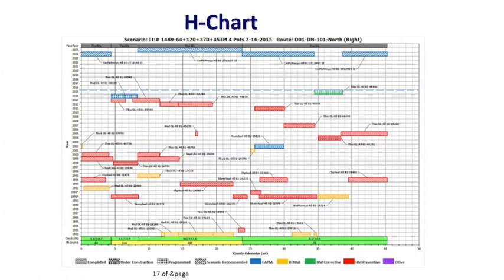So the H chart is basically a data visualization type of thing, and every DOT can follow. You just plot out your projects like this, and you also plot out your performance. Here is the type of pavement, and here the number of years, so that for any piece of pavement you will see its cradle to grave.